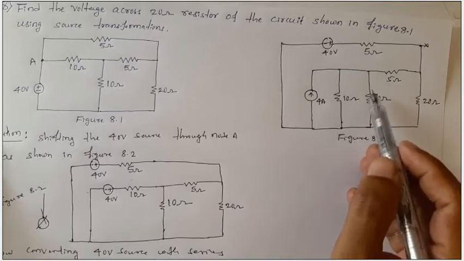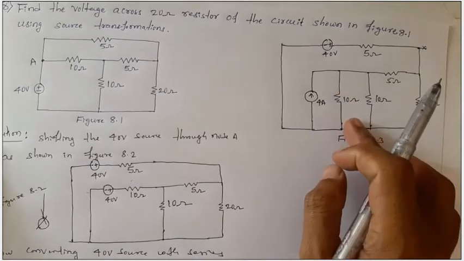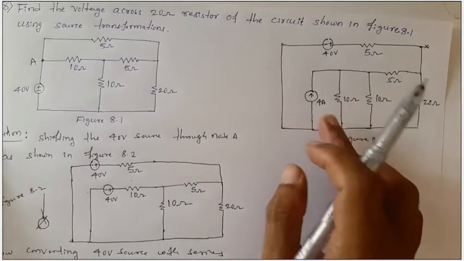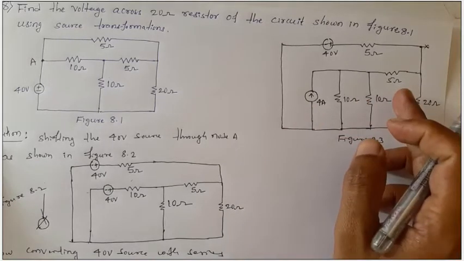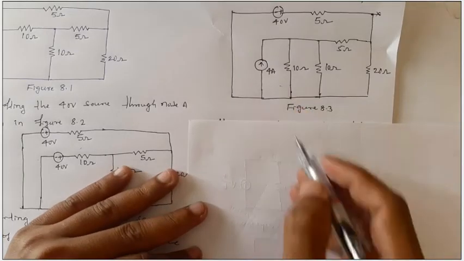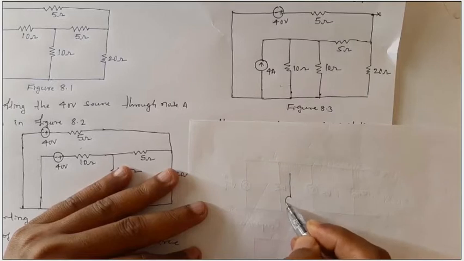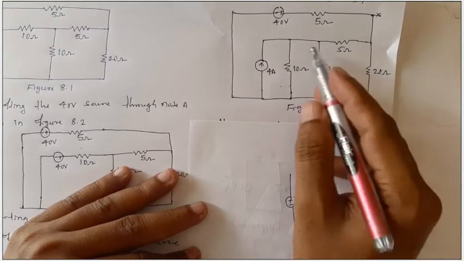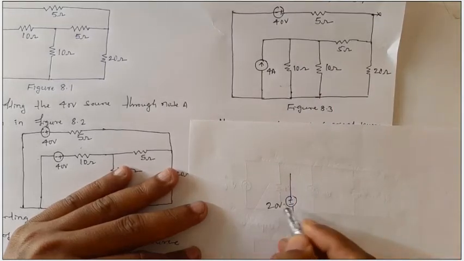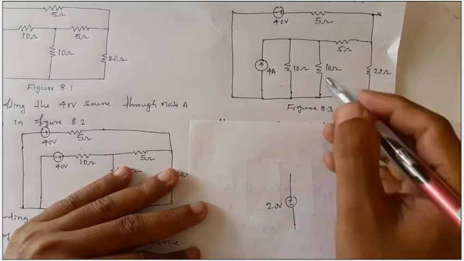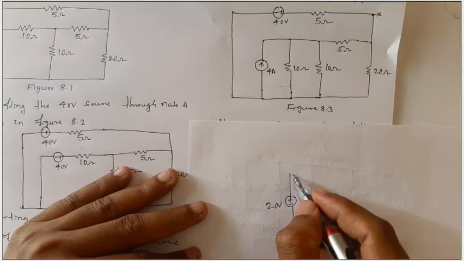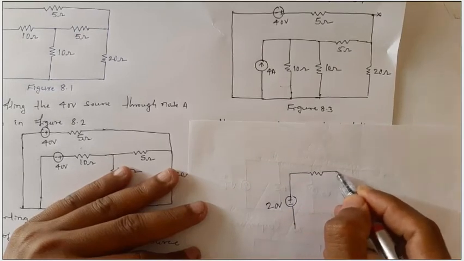That 5 ohm resistor, which is parallel with this current source, can be converted to a voltage source. That voltage source will be here with plus and minus, 4 into 5, which is 20 volts.